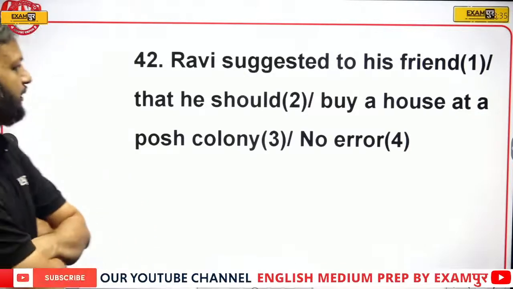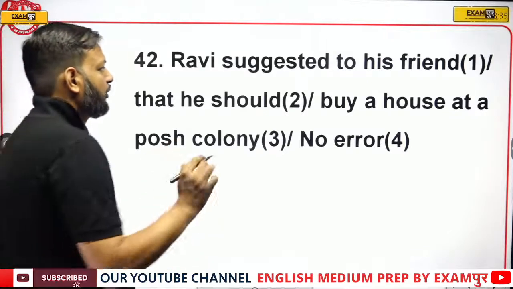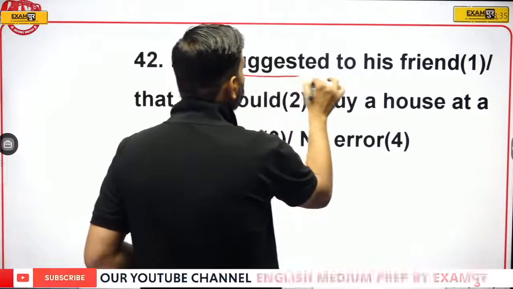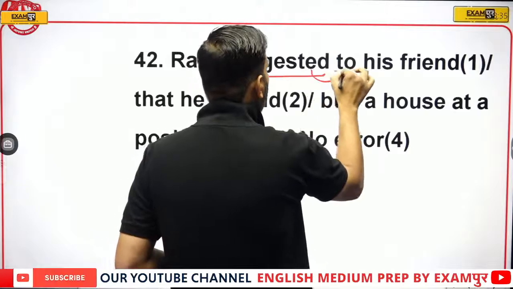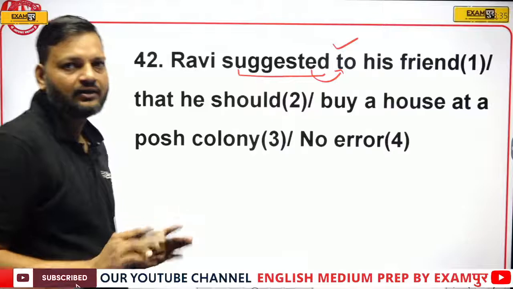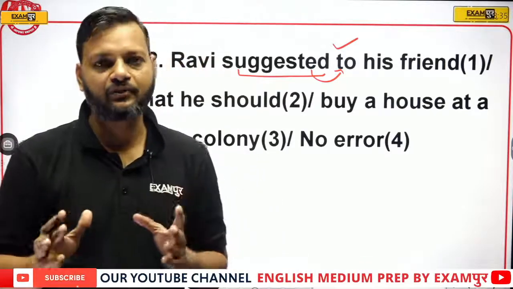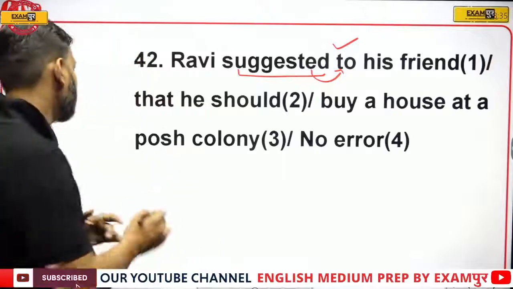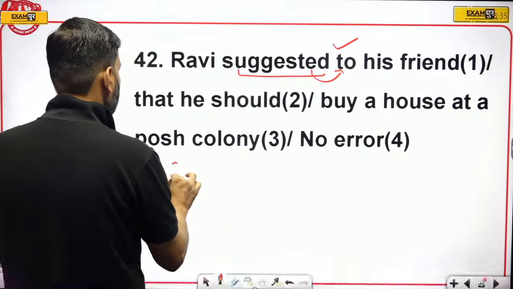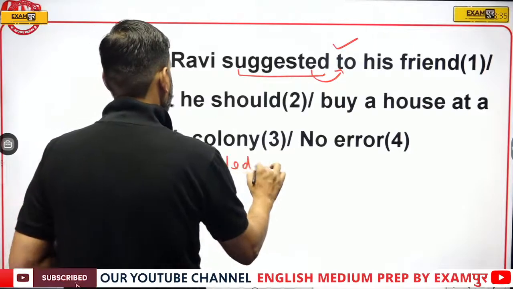Okay, let me explain a few things. The very first thing: don't get confused with the use of to after suggested, because it is right. Suggested is always followed by to as a preposition. You cannot write I suggested my friend.